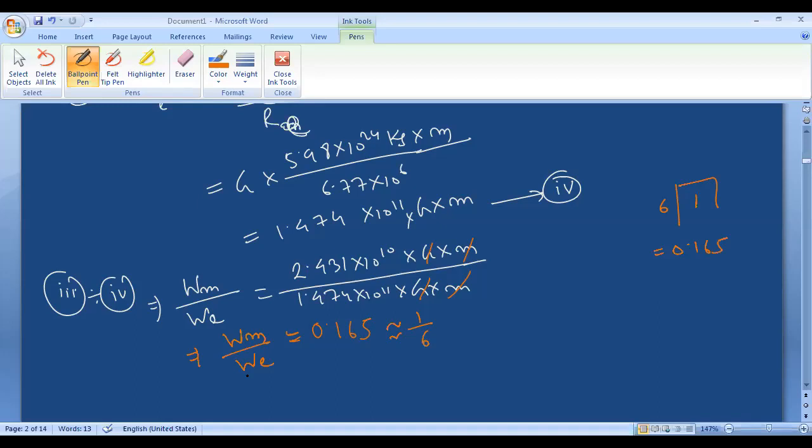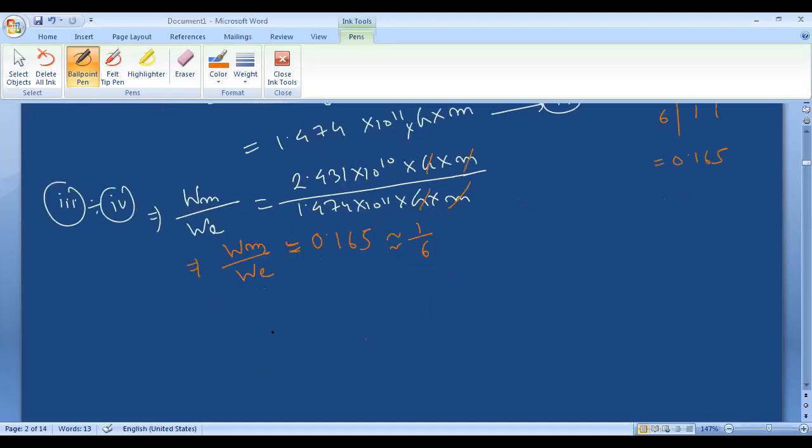Everybody clear up to this? Yes, sir. Now Wm by We is equal to 1 by 6. So when you cross multiply, Wm will be 1 by 6 into We. Up to this clear? So what is Wm?